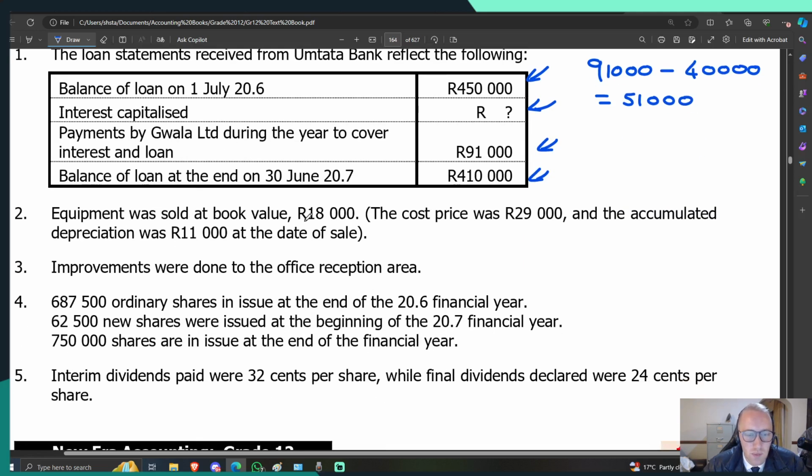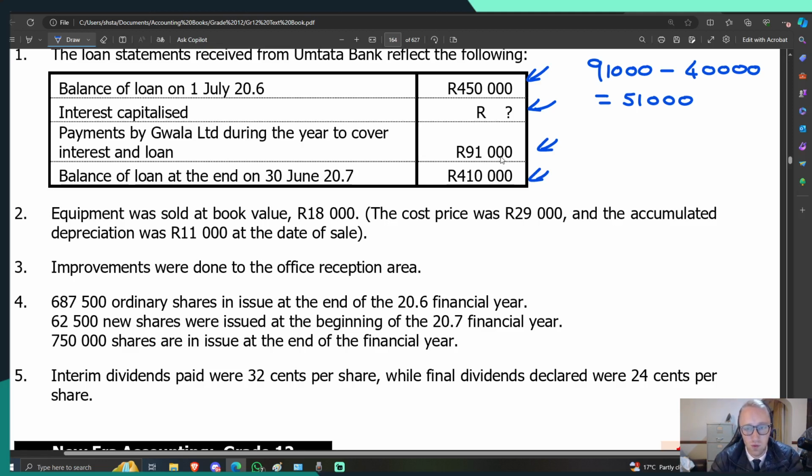Equipment was sold at book value, 18,000. The cost price was 29,000, so that means that we had a proceeds. I'm just going to write here, proceeds from sale of, oh no, that's not the proceeds, that's the cost price. What we need is to know what we sold it for. It was sold at book value. Cost price was 29,000. Accumulated depreciation was 11,000 at the date of sale.